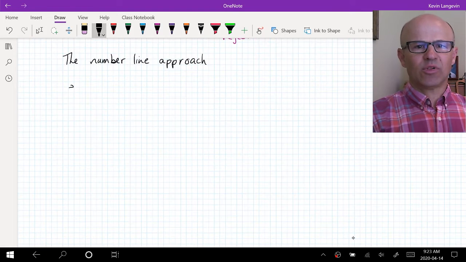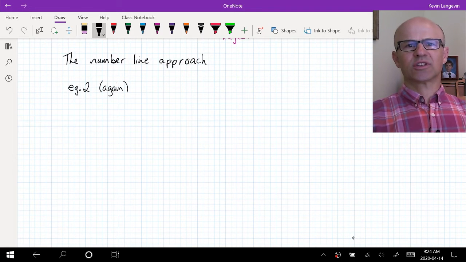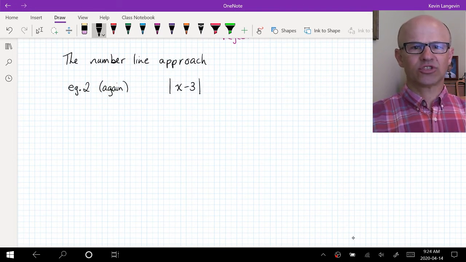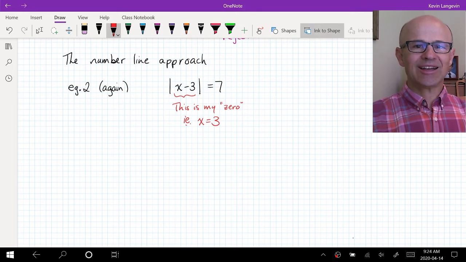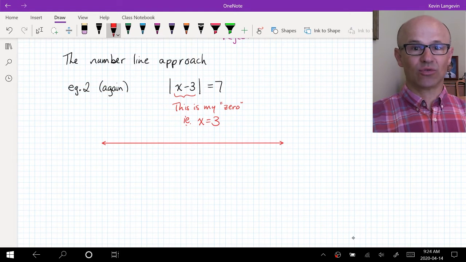For the next example, I'm going to use what's going to be called a number line approach. So I'm doing example 2 again, first of all, just to make sure we understand. X minus 3 is kind of like my new 0. So what I'm going to do is look at a number line and put 3 right in the middle of it.